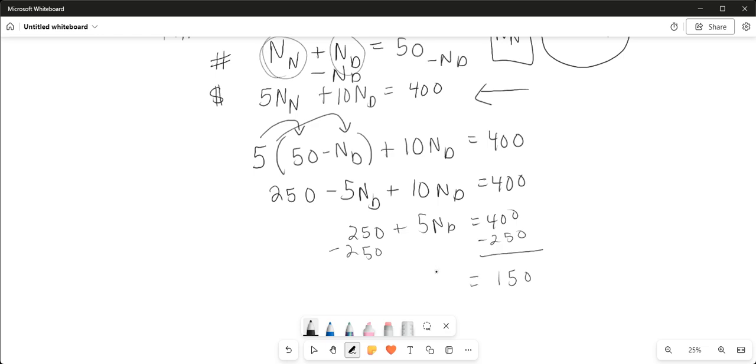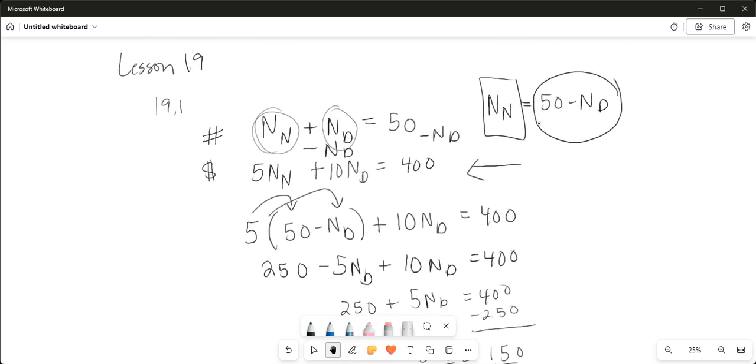And then 5 ND, so ND is going to equal 30. Okay, so if the number of dimes is 30, then I can put that back into one of my original equations. So 50 minus 30 equals 20. So the number of nickels is 20.